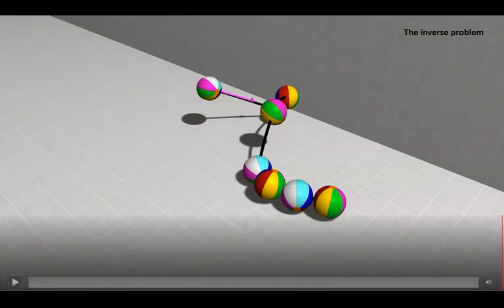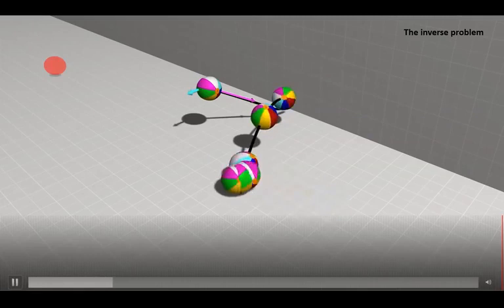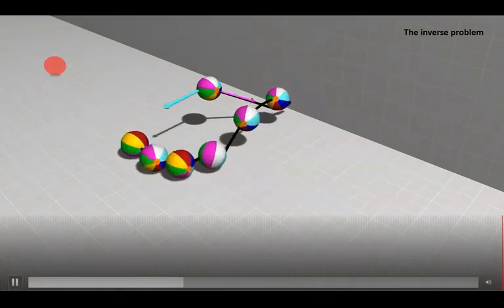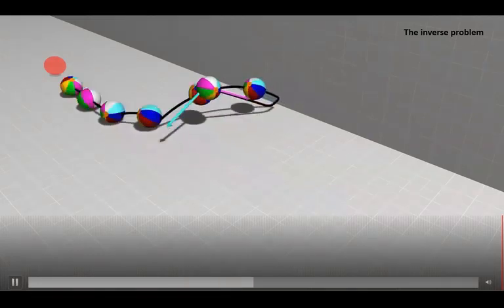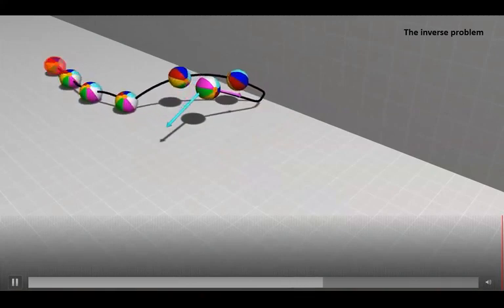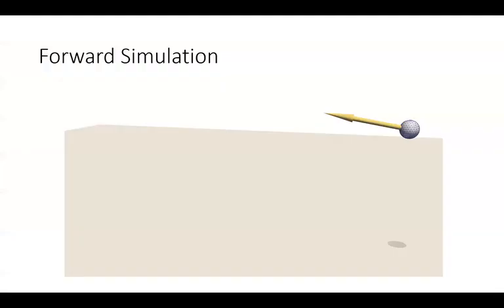Now, let's say we want this ball to land at a particular target location. What should its initial velocity and spin be? This is an inverse problem that we can solve computationally thanks to the concept of differentiable simulation. Let's take a closer look at how this works.